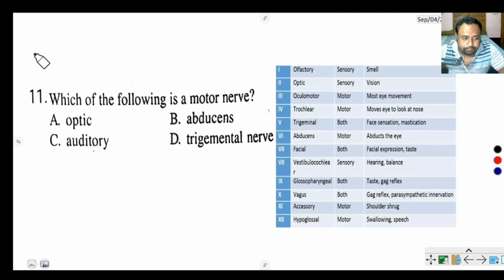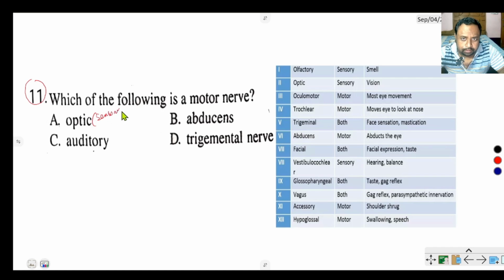Next question says, which of the following is a motor nerve? The options are optic, abducens, auditory and trigeminal nerve. Optic is a sensory nerve.